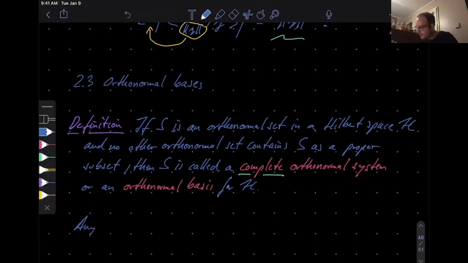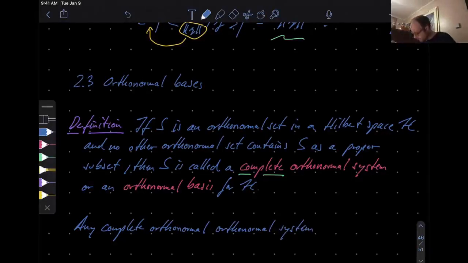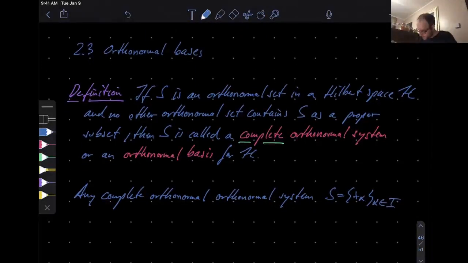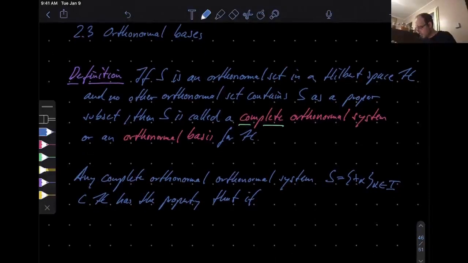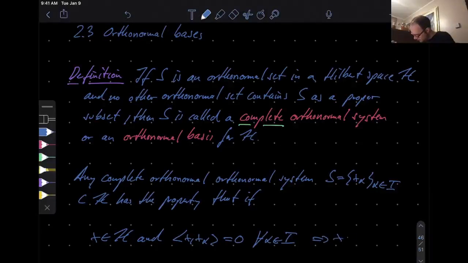Here's a comment. Any complete orthonormal system S, where we again use index sets that can have uncountably many elements, so it can be finite, countably infinite, or uncountable, in H has the property that if x is in H and the inner product of x with x_alpha is equal to 0 for all alpha in I, then this implies x is equal to the zero vector.